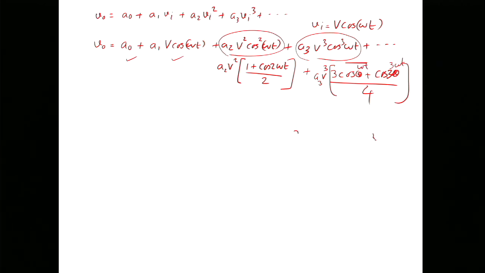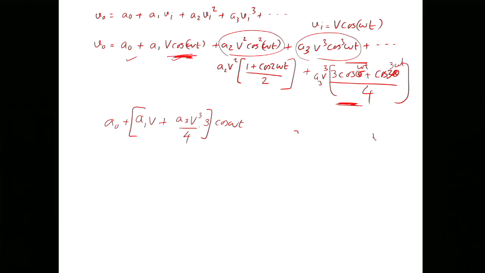So if you bring all the omegas together, you will have A naught, that is the DC part of the output, and now you have A1 V plus A3 V cube divided by 4 times 3 cos omega t. You see where it comes from? It comes from this omega t term here and the omega t term here.